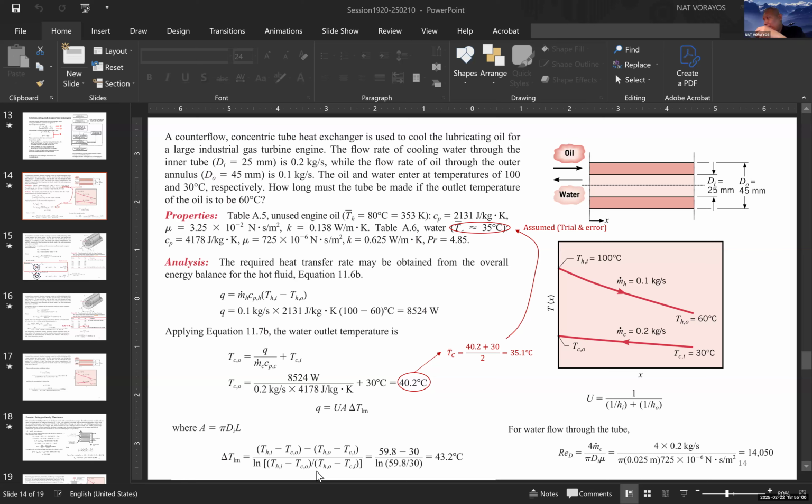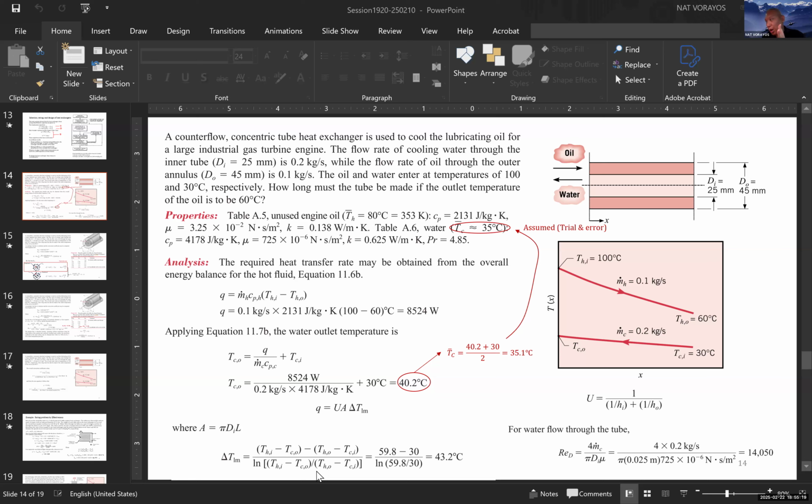Okay? In a problem where you know two of the temperatures and the other two you don't know, don't use the log mean temperature approach. Use the effectiveness approach.